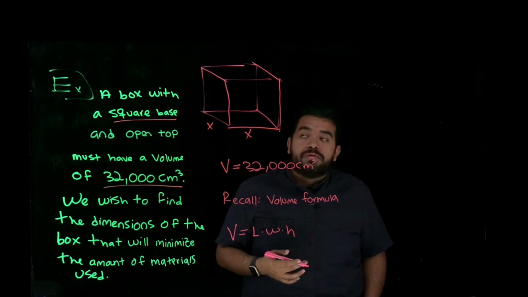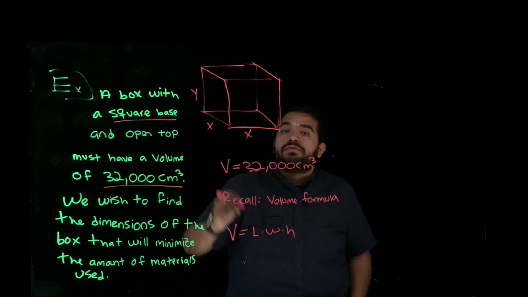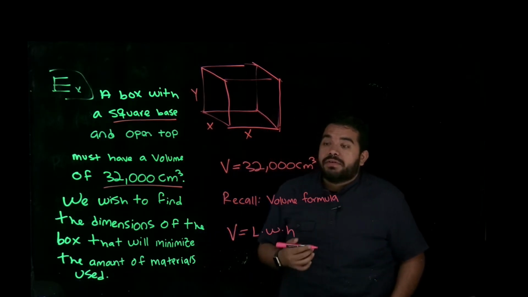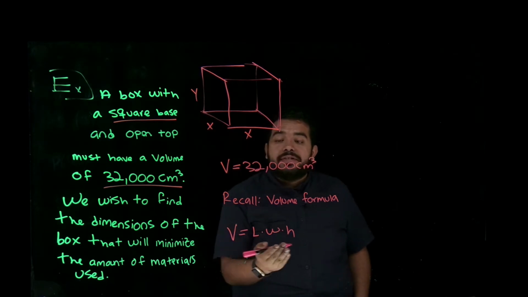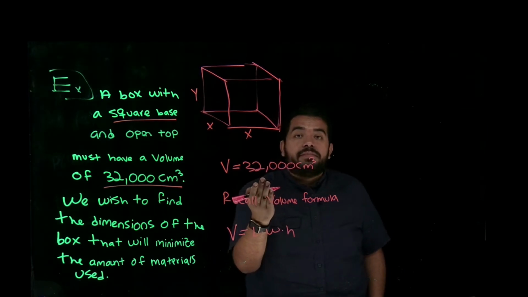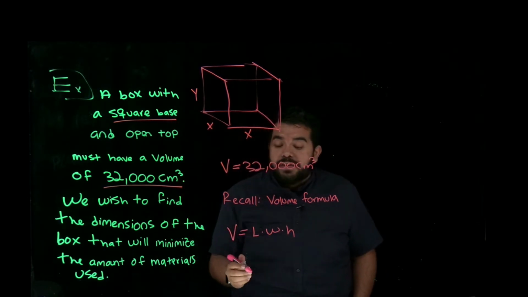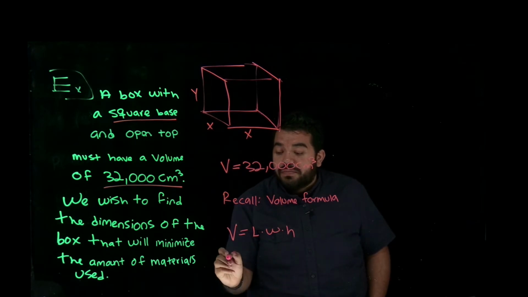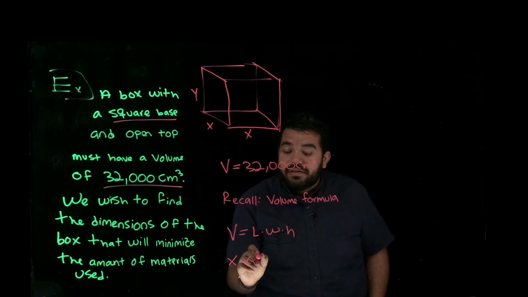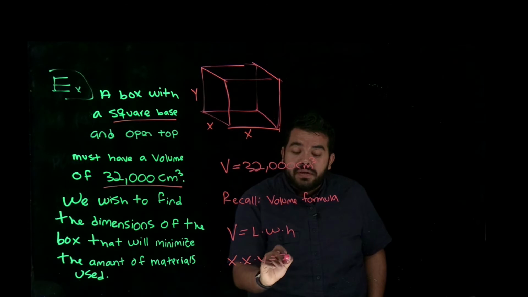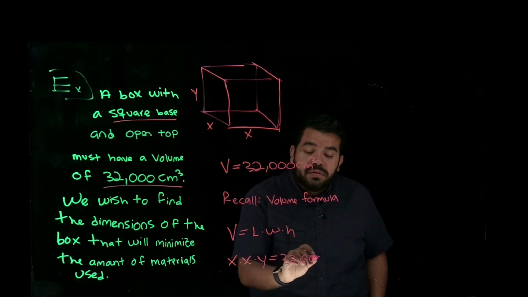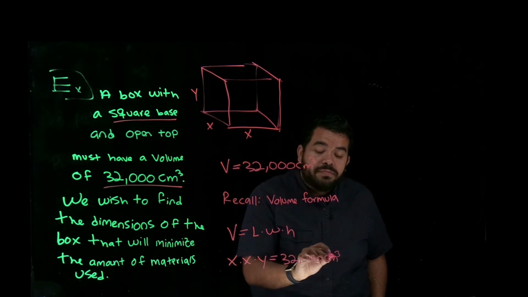Well, it's not given to us. So for that reason, I'll go ahead and use a y here. Now, keep in mind that when you multiply this here, we have to get this number. This is a given. We have to respect it. So using these variables that I have here, we have to satisfy this condition here. And it's going to be x times x times y is equal to 32,000 centimeters cubed.